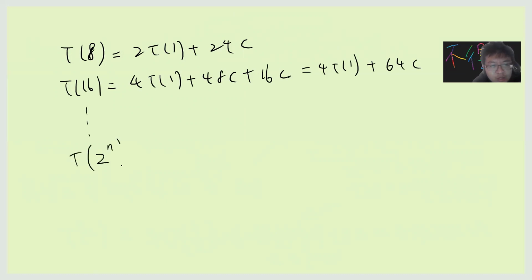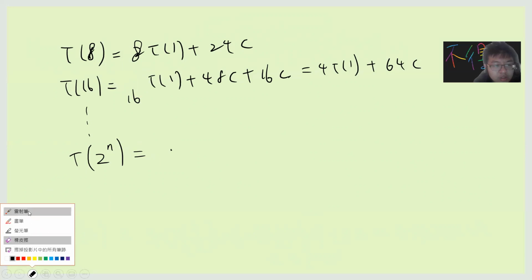Sorry, I made a mistake; this is 8, that's 16. So T of 2 to the n will be, you see, this is 8, this is 8, this is 16, this is 16. You can easily use mathematical induction to show the following is true.